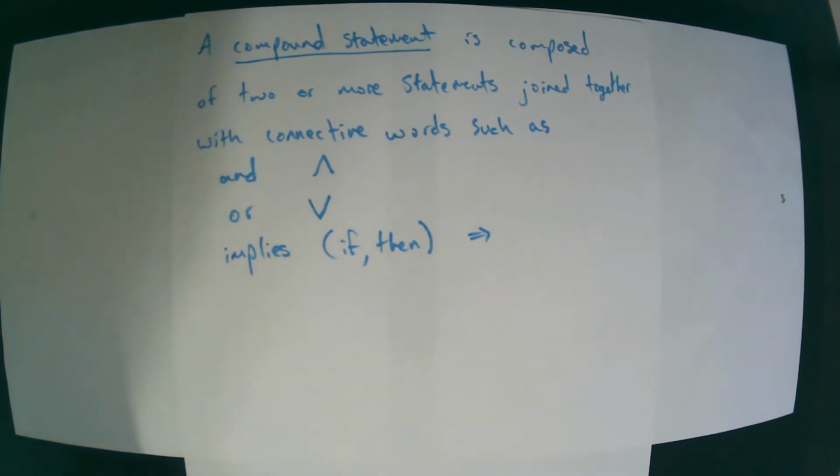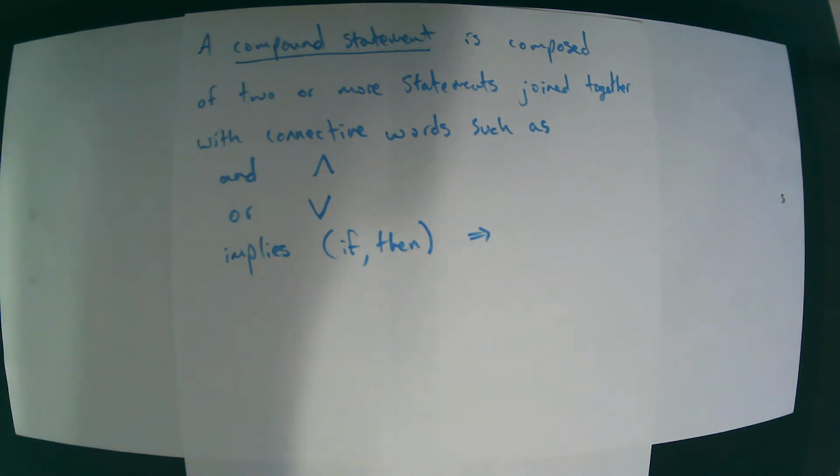Okay, so we can connect 2 simpler statements with each of these words. They don't even have to be related. I could say 5 is a prime number and none of the tourists brought raincoats, right?